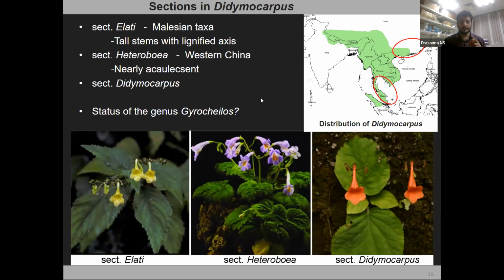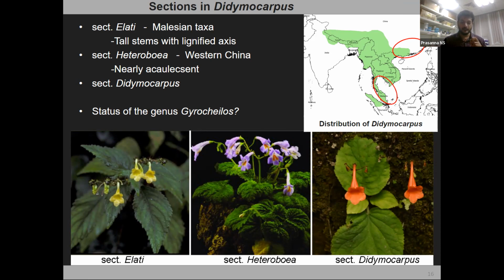Traditionally, botanists have identified at least two distinct sections, section Didymocarpus and section Heteroboea, which is most of the Malaysian taxa, characterized by relatively tall stems and lignified axis. There is one more section which some Chinese taxonomists recognize as Heteroboea, consisting of some 10 to 12 taxa from Western China, which are nearly acaulescent herbs.